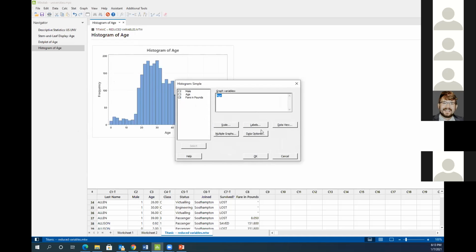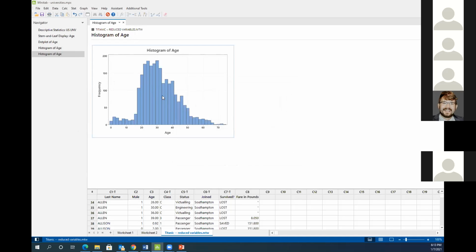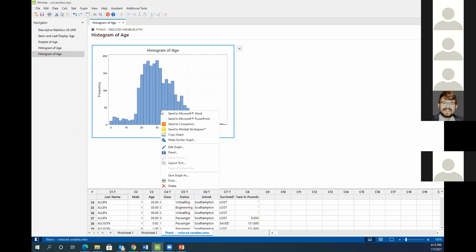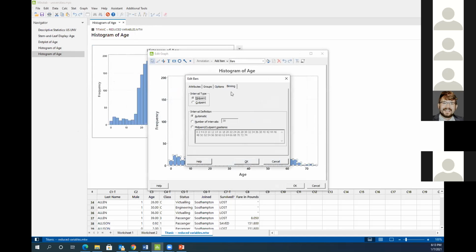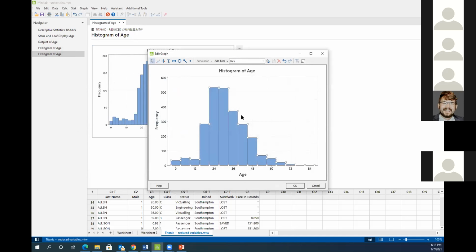By default I don't need to do anything, but these are too many bins. I would like to adjust as per our Sturges' rule. Here we have the binning option, and I would like to do 15, and automatically it will convert into 15.